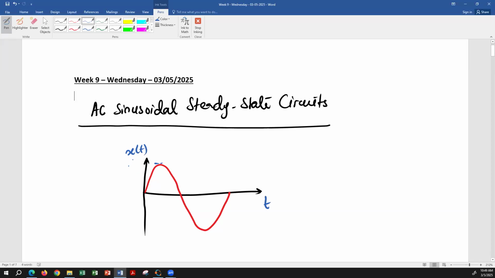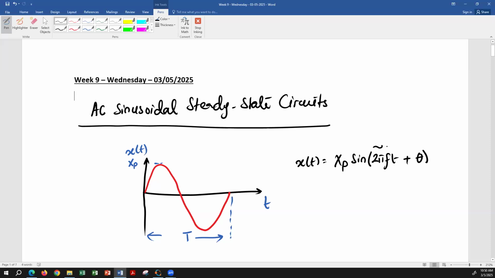So of course you have the peak value x of p, you have the time period T, and then frequency, which is f, the reciprocal of the time period. In the time domain, you write the equation of x of t as the peak value times sine or cosine of 2 pi f t plus theta.